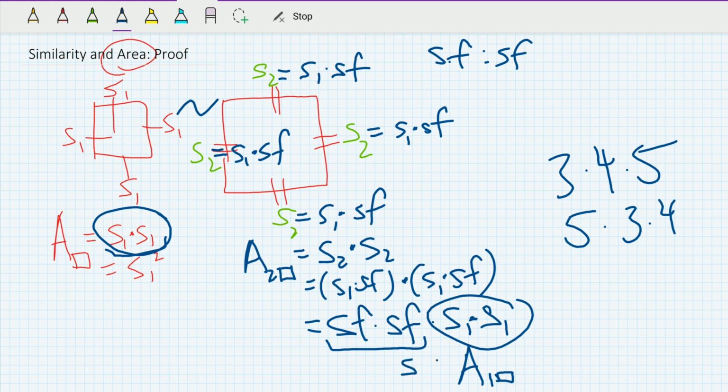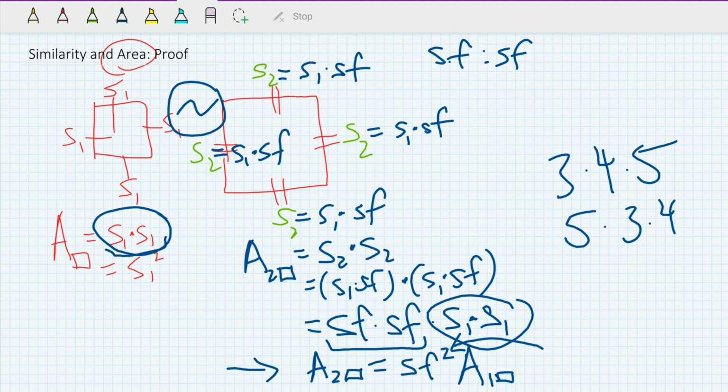So this means it'll be SF to the second power, because x times x is x to the second power. And so here you go. This is how they relate to each other. Whenever you have a dilation or a similarity, the area doesn't only change by multiplying by the scale factor one time, but rather you multiply the scale factor with itself and then you multiply the area.